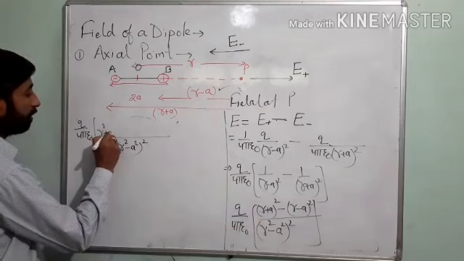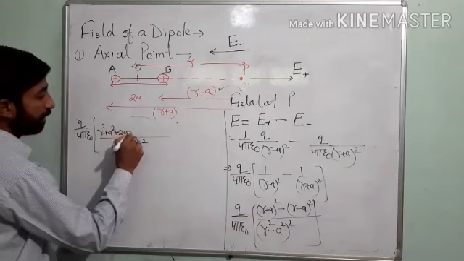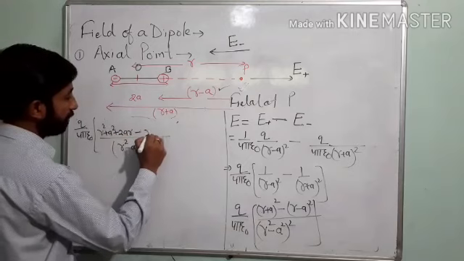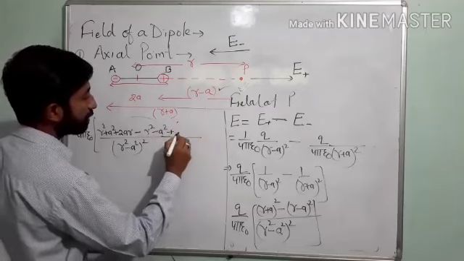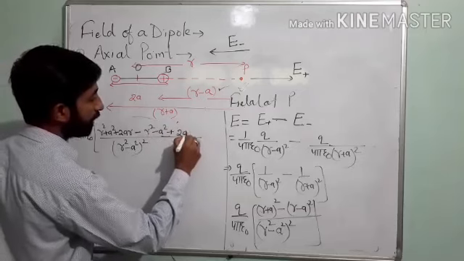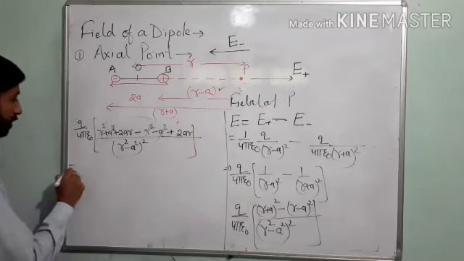R square plus A square plus twice A R, minus R square minus A square plus twice A R. All the square terms get cancelled.